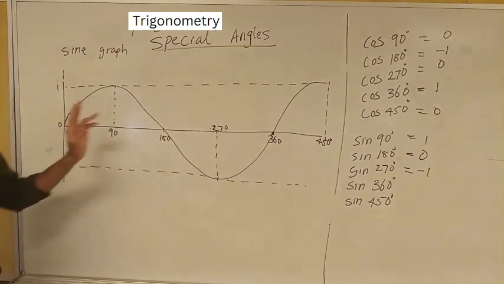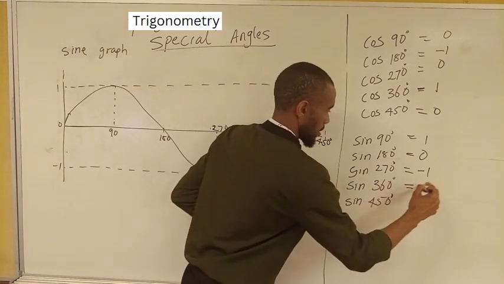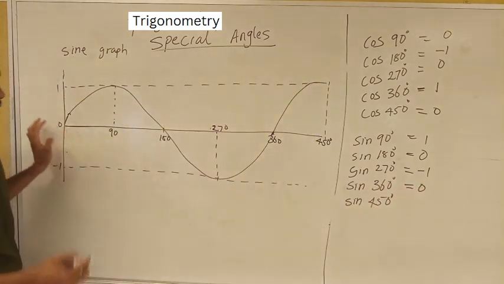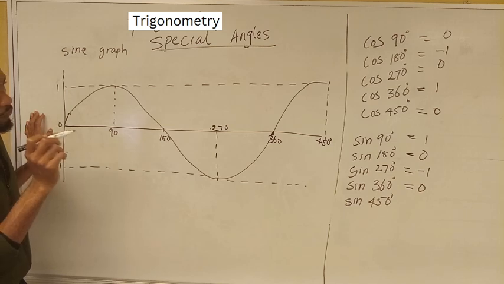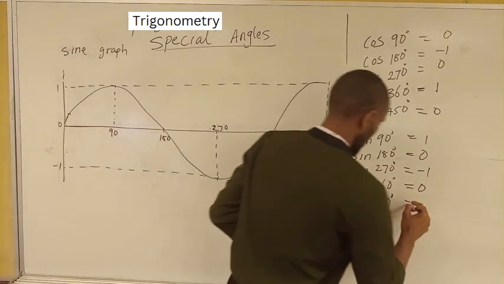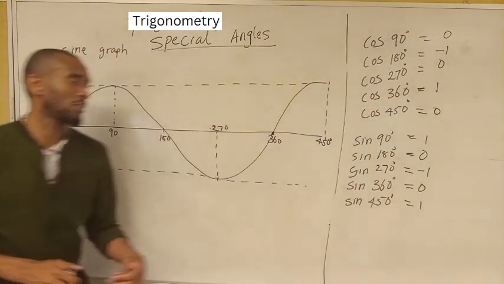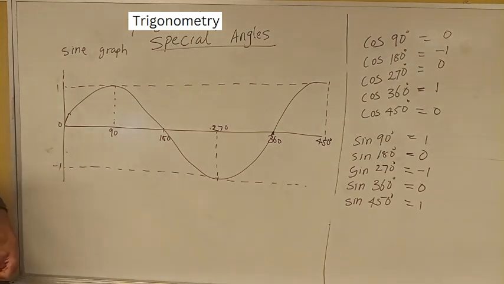And sine 360 is hitting on 0. And then sine 450 is on 1 again. So this is actually how it works, and so on, depending on what you're required to find, right?